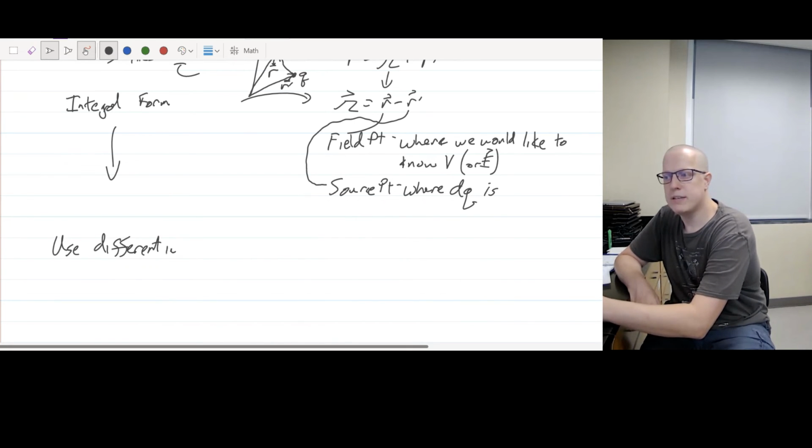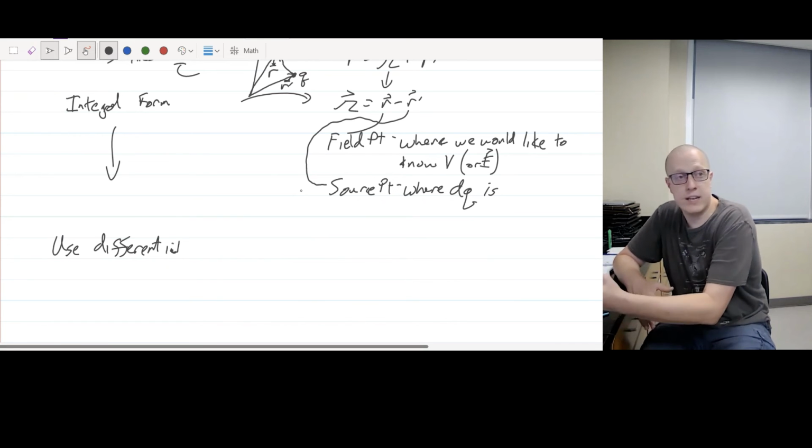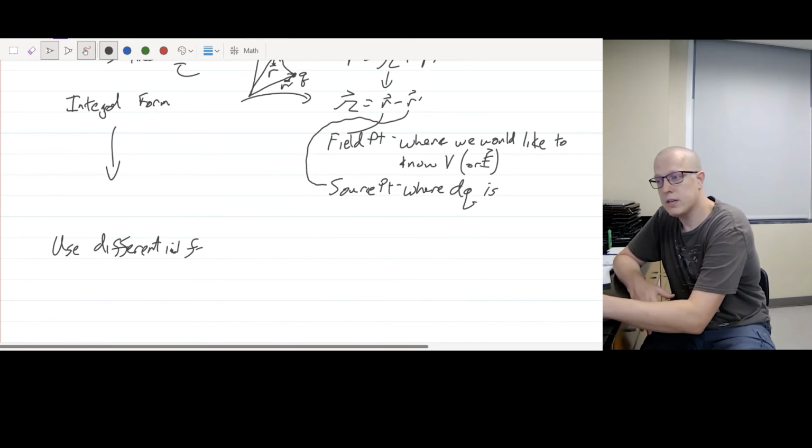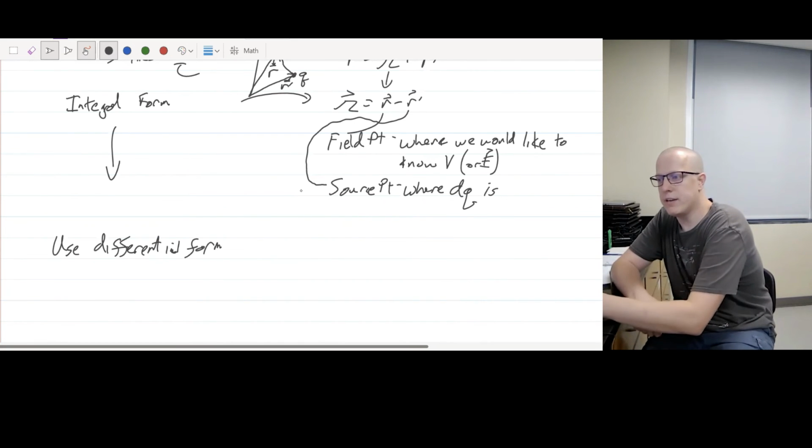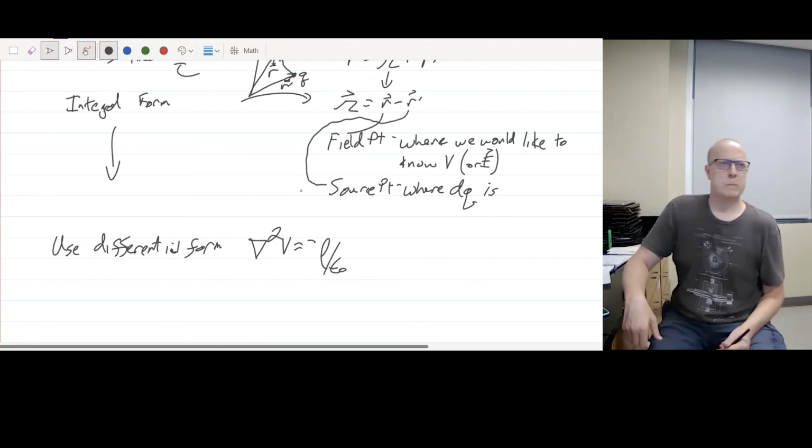That just means instead of using integrals, we're going to use derivatives. So the first hack that we're going to use here is this differential form. It means I'm going to take this del squared V, the second derivative of the potential, and it's going to be negative rho over epsilon naught.